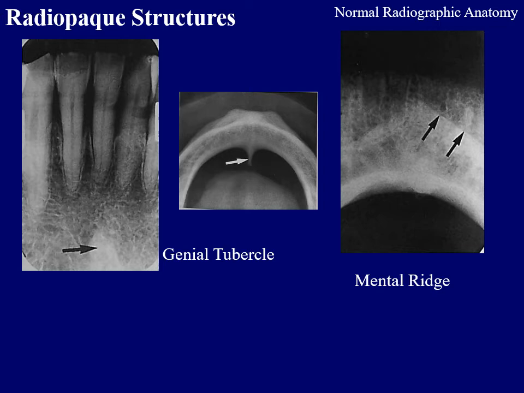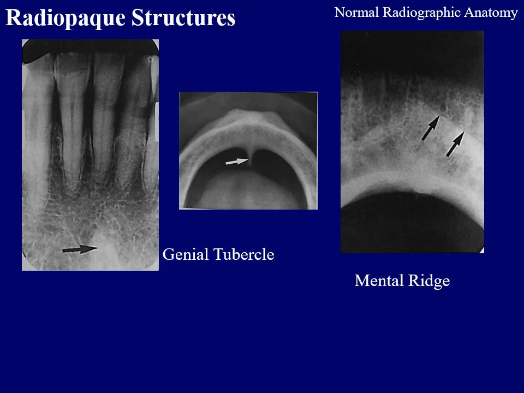It is a spine-shaped bony prominence as shown in the second image. It is divided into right and left prominence and superior and inferior prominence. Usually these may not be well appreciated on radiographs. This genial tubercle serves to attach the genioglossus and geniohyoid muscles.